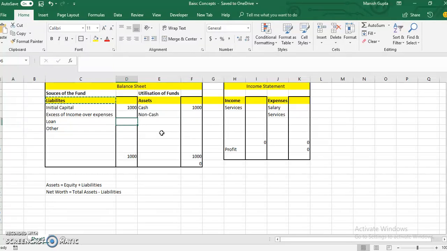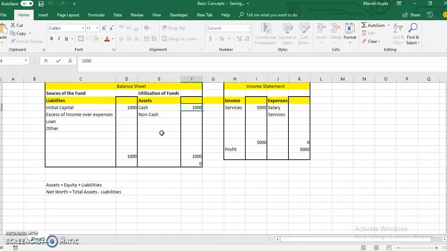Now let's say we started providing services. We provided services of a total of $5,000, and we got this money in cash. We have not yet provided any credit to anyone, so we got $5,000 in cash. Now we have a total of $6,000. We can link this to the excess of income over expenses.